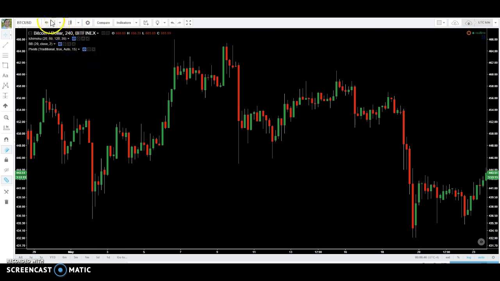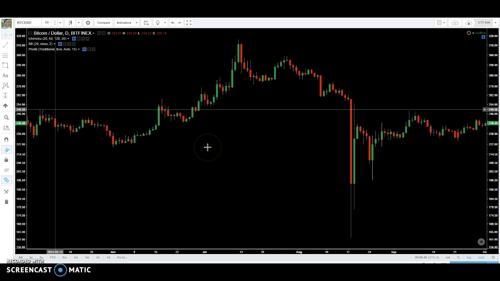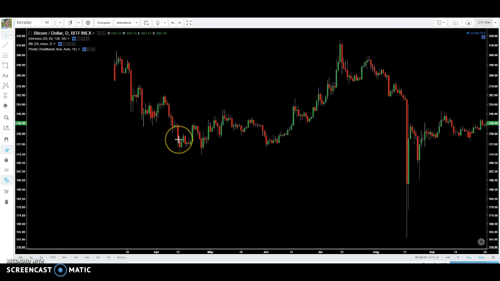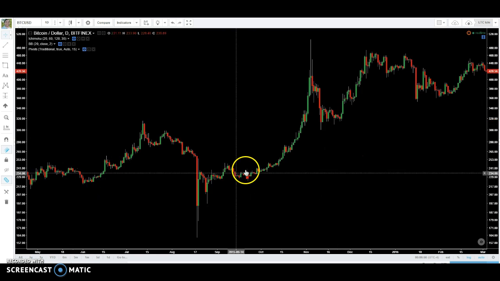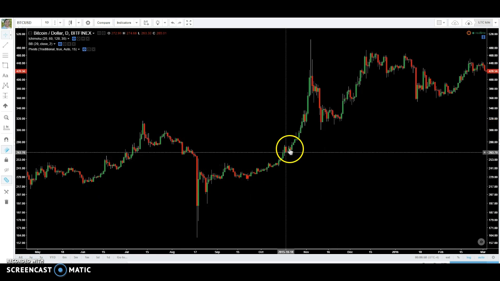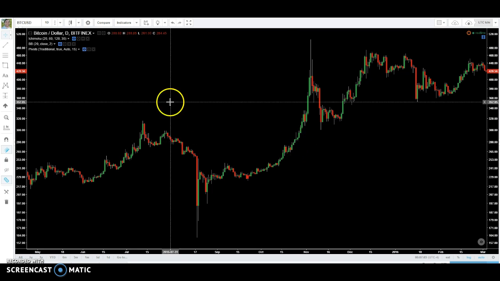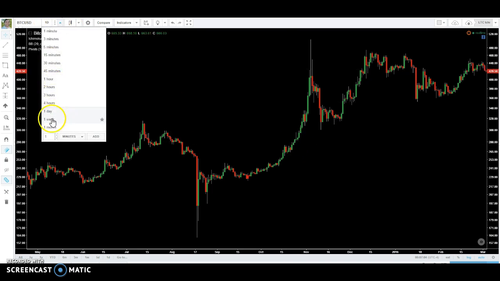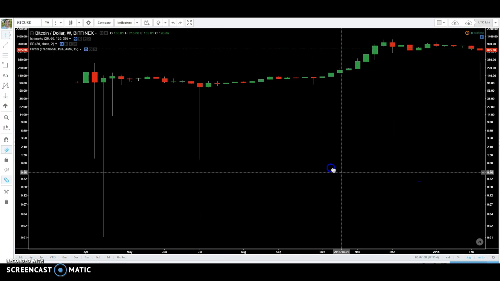And the three white soldiers, if we go to the daily, we can see those. Let me just find one real quick. So this isn't exactly, I guess we start from here, buying, buying, buying. Seen on the weekly. It's hard to justify or rationalize these sometimes.